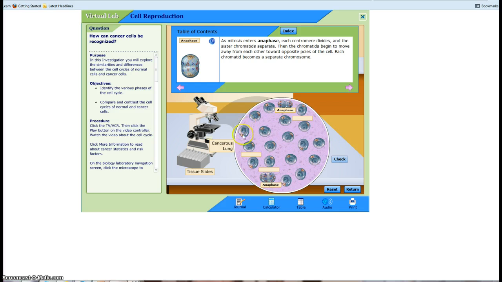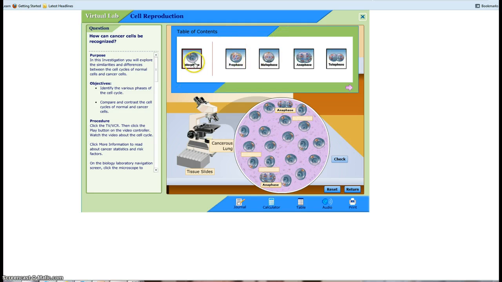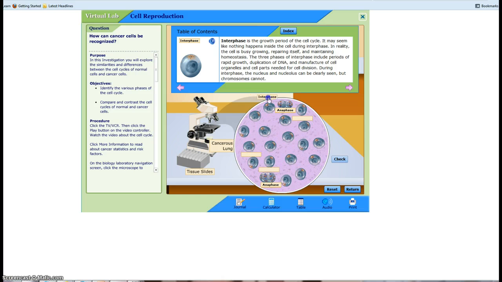Okay, and then these are again interphase, right? Is there anything else here besides interphase? I don't see anything. Interphase. Interphase.